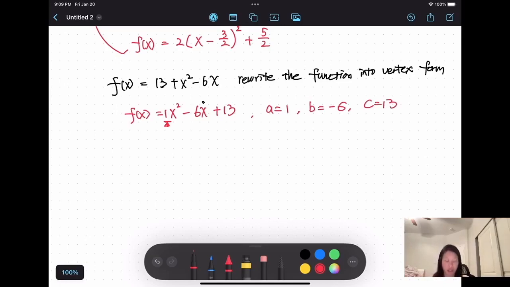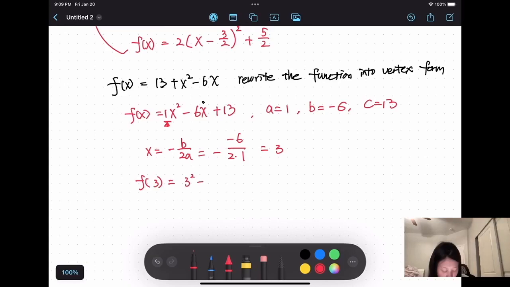Okay, again, you find the vertex. The x-coordinate of the vertex equals negative b over 2a. b equals negative 6, 2 times a is 2 times 1. So I have positive 3. And then I need to find the y-coordinate of the vertex. f of 3, I substitute the 3 into the function.